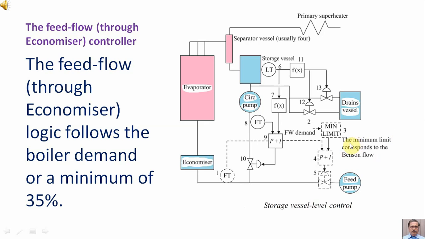Here is the control block which follows either the feed water demand as per the load or the minimum limit corresponding to the Benson flow or 35% of the load.